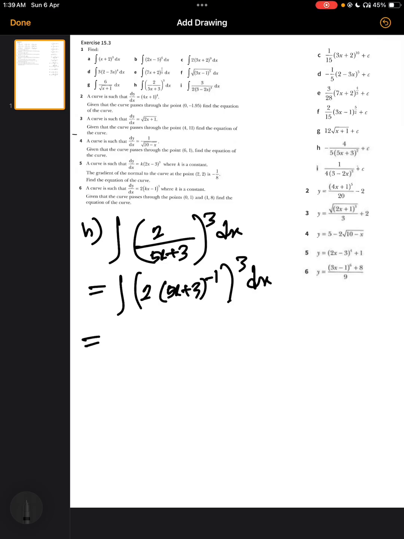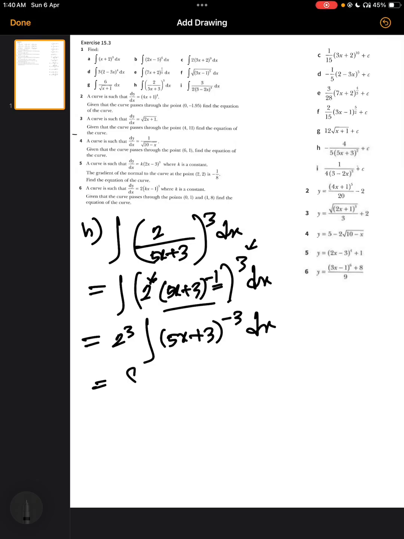Okay, so here 2 is fundamental, and this is another thing, right? So 2 to the power cube I can keep away from the integral, right? But there is a fundamental problem there. Here is a negative 1, but that can be solved because there is a 3 here, right? So 5x plus 3 to the power negative 3, dx. Now it is solvable.